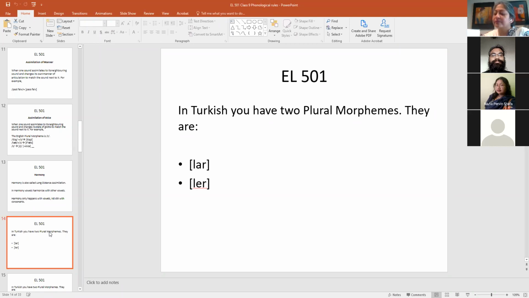Yes. In the vowel chart, let me then stop the screen share and show you something in order to explain vowels. When we do vowels, you draw this diagram, right?